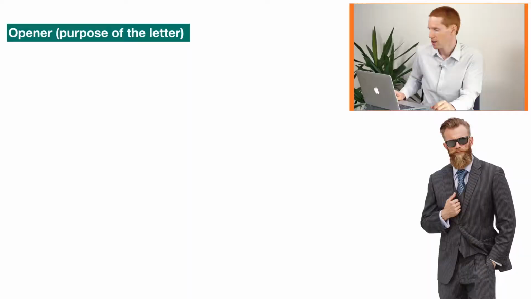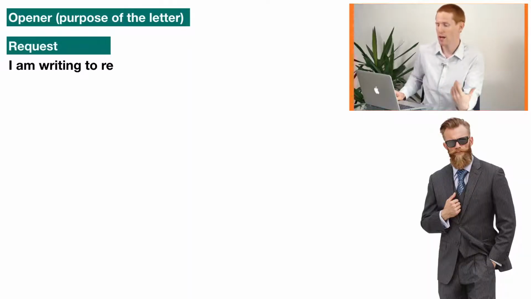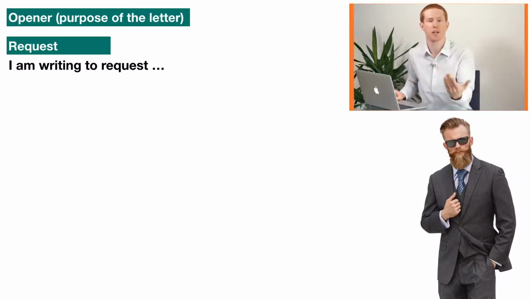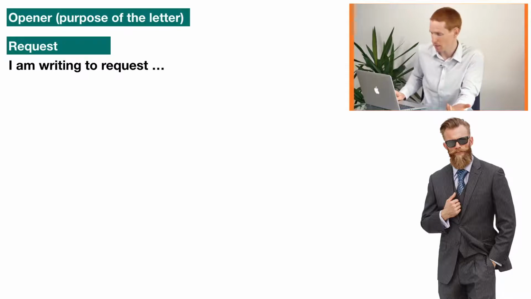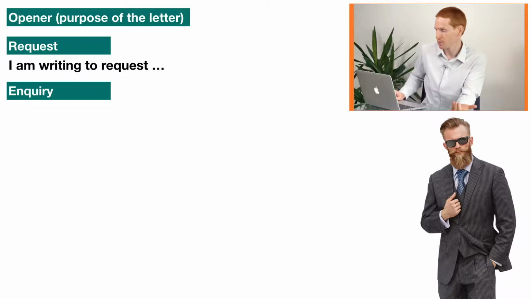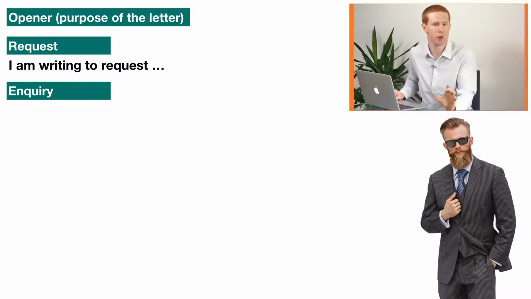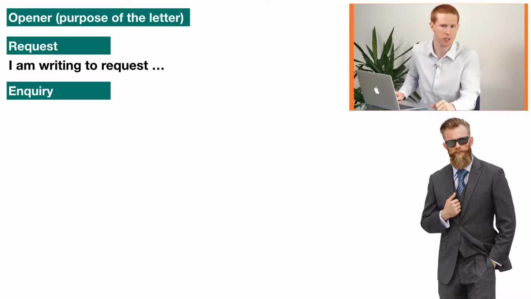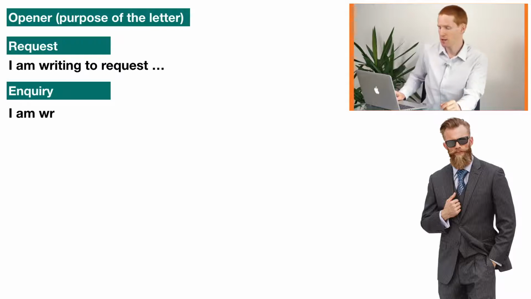And there are different fixed expressions that we can use when we're writing different types of letter. So for a request letter, we could say, I'm writing to request, and then explain what the request is. However, we could also have a letter of inquiry, in which case you would use a different opener. You could write something like this.